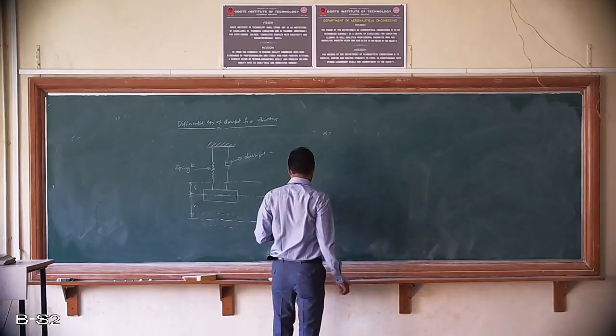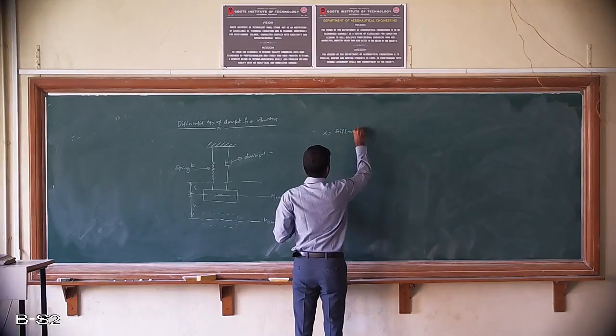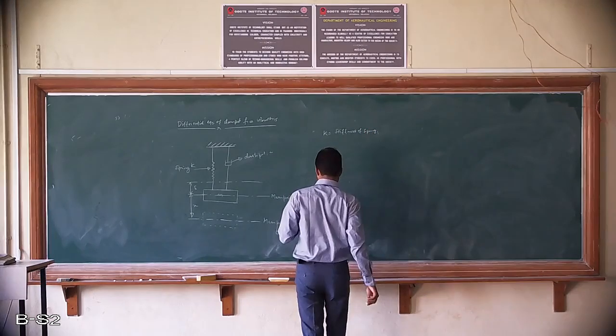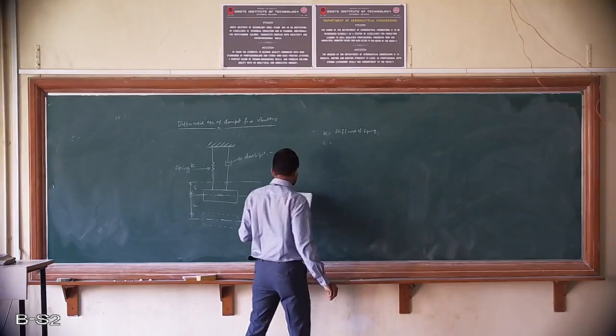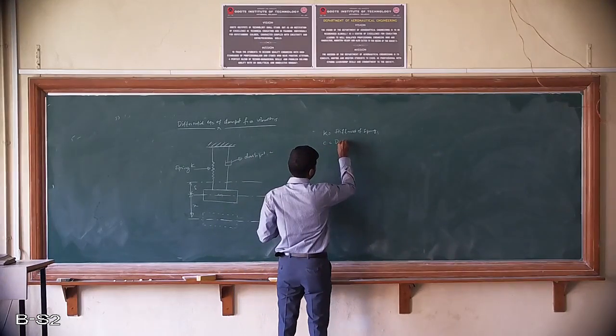Let K is equal to stiffness of spring. C is equal to damping coefficient.